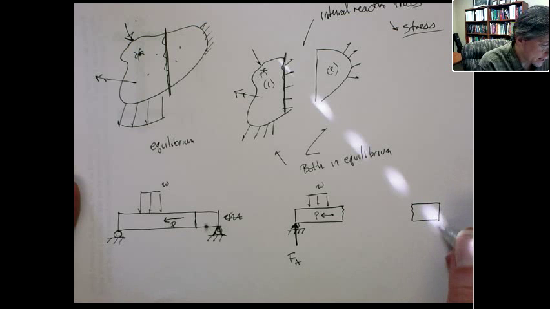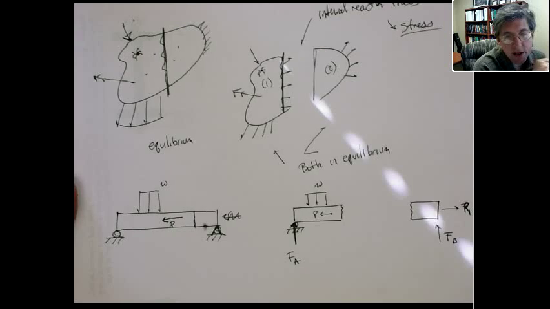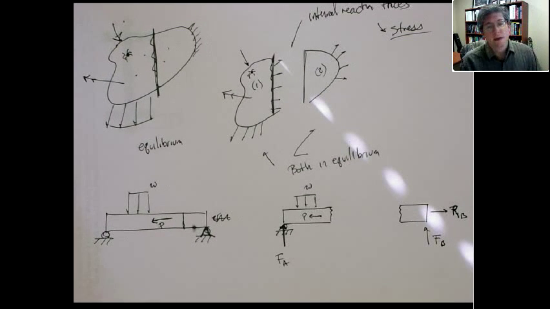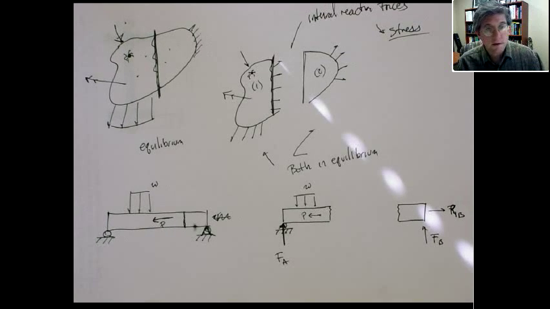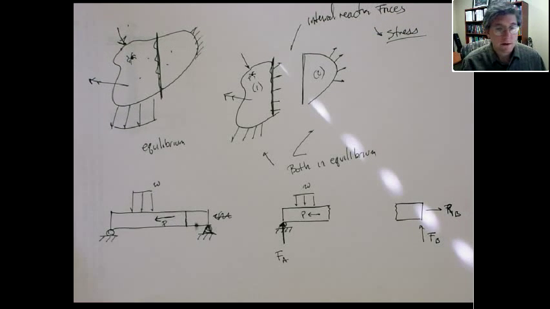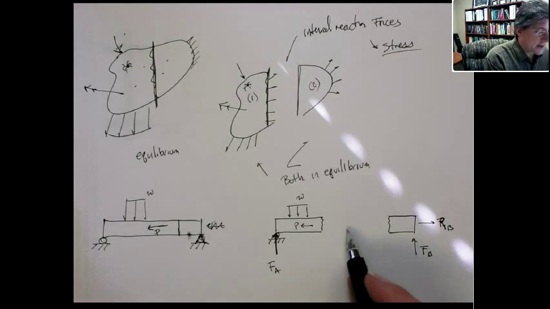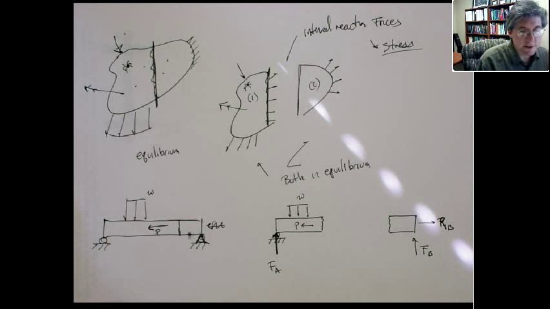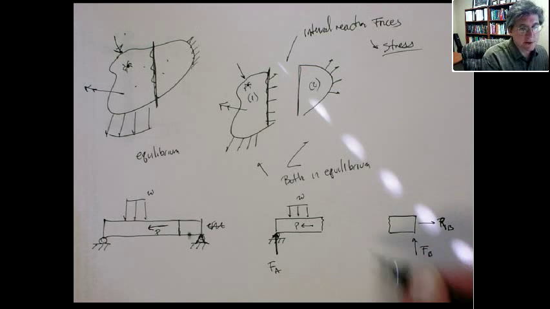And then on this side, we have a pin, so let's call this R_B and F_B. Since it's pinned, you have a reaction force both in the X and Y direction. Okay. Now, this exerts onto this one, this exerts onto this one.